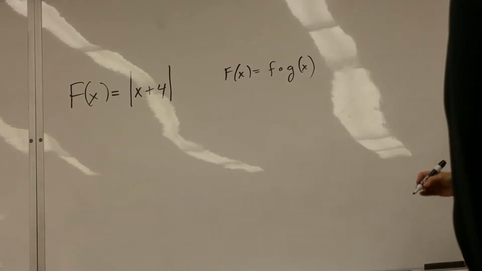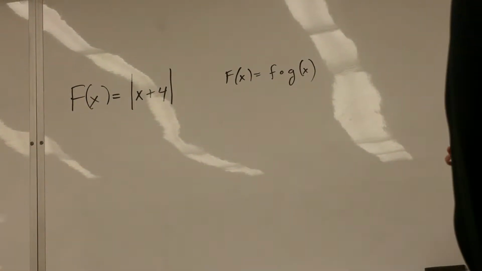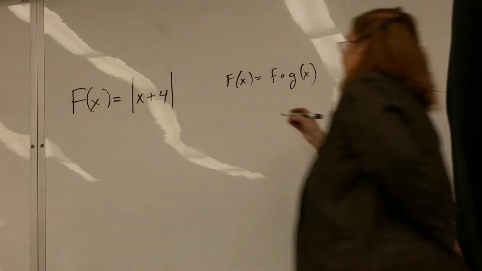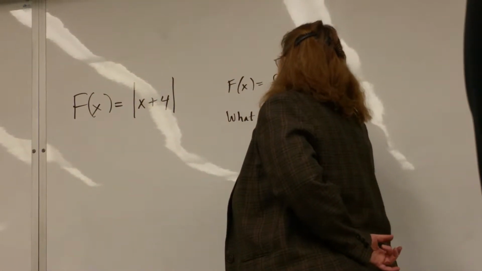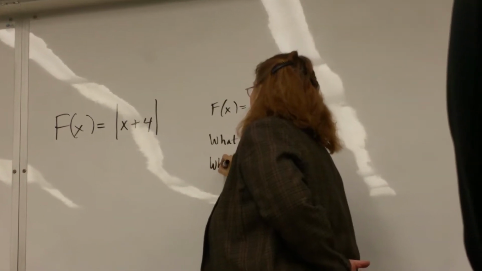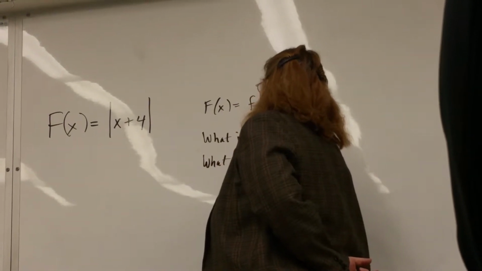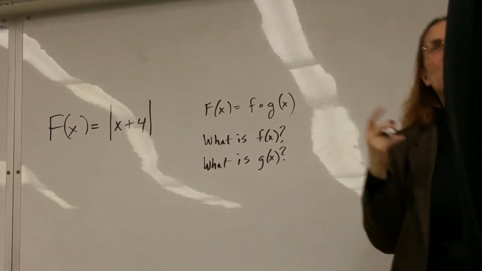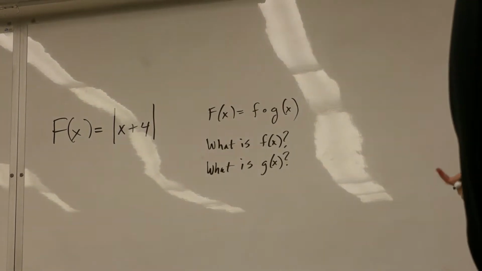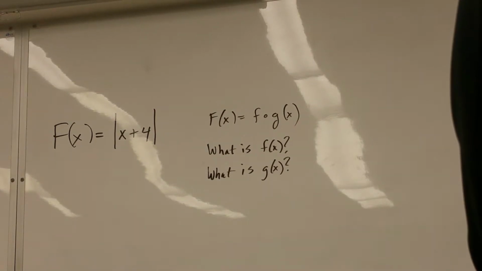So it was found by finding f composed with g. What is f of x? And what is g of x? So what two functions did I compose together to get the absolute value of x plus 4?